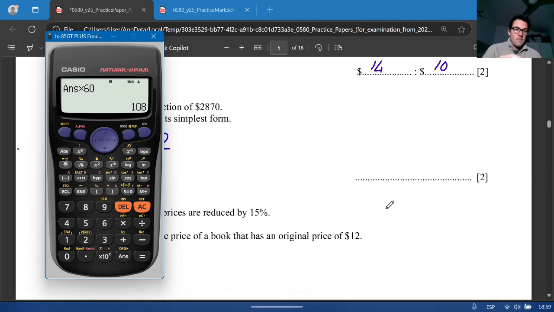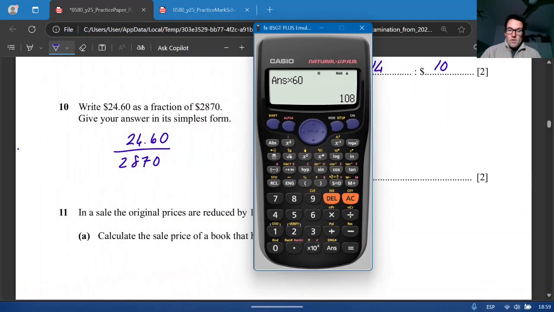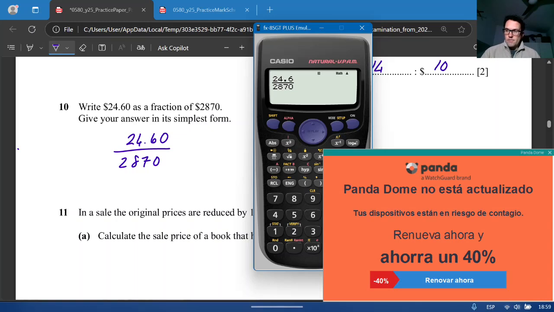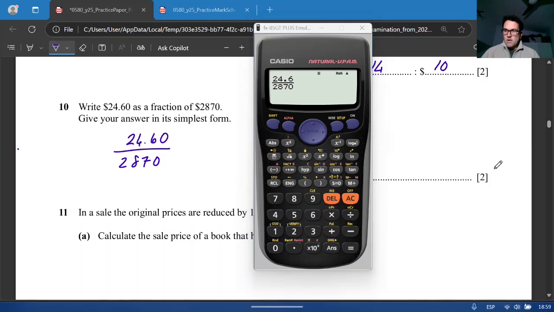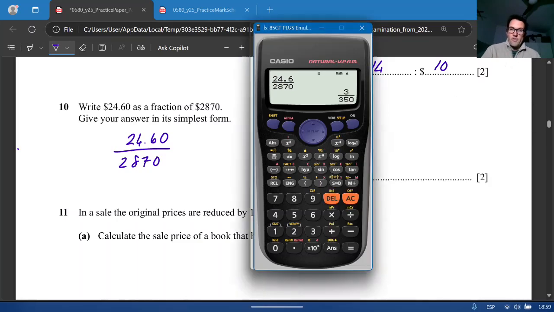Now you can go and simplify this and do crazy stuff, but this is a calculator paper, so you're not going to waste your time. You can start as a fraction if you want, 24.6 over 2870, and your calculator will give you the answer, 3 over 350.